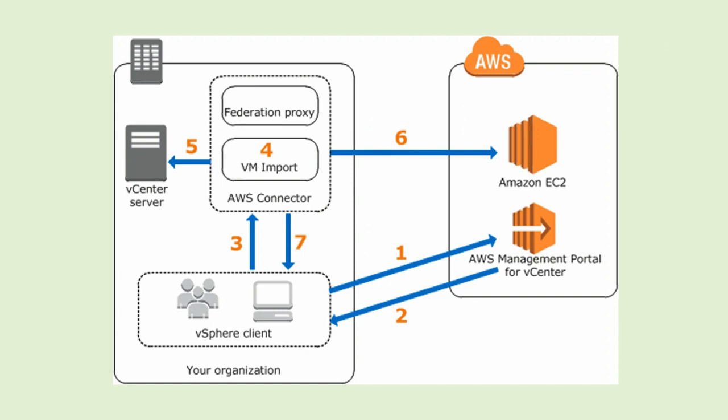You can then connect to the AWS connector in your organization and import your virtual machines to the vCenter server via the EC2 instance. Then you could connect back to the vSphere and your process could be automated.